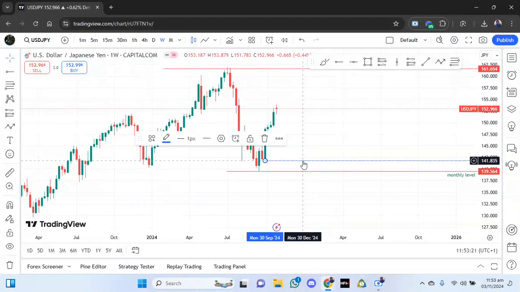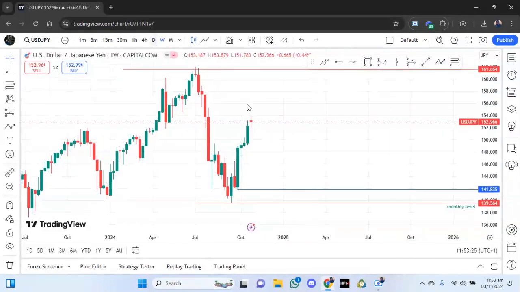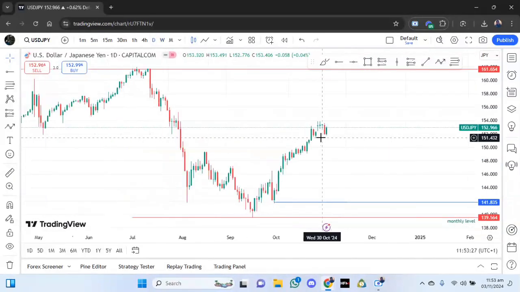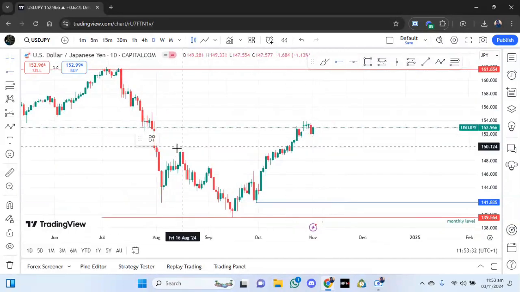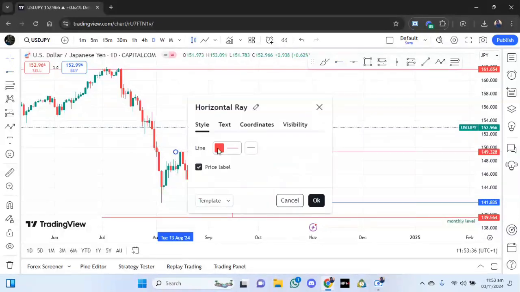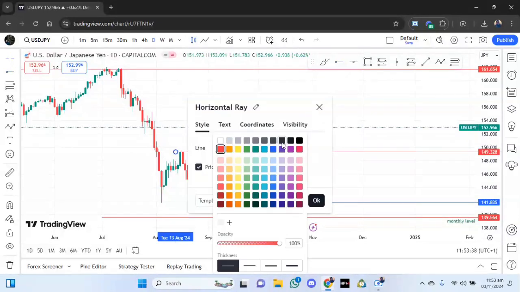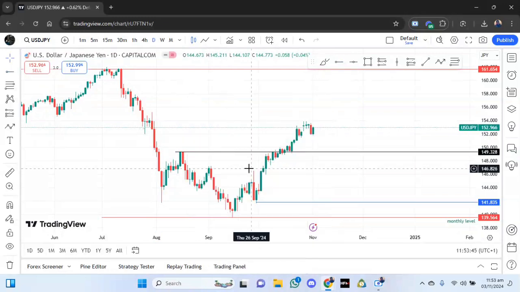Now let's go down to the daily. On the daily, you can see this level here. We can make our daily black. So we're just going to make it regular black. That's a level right there that we need to watch out for.